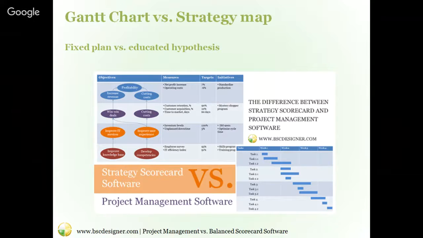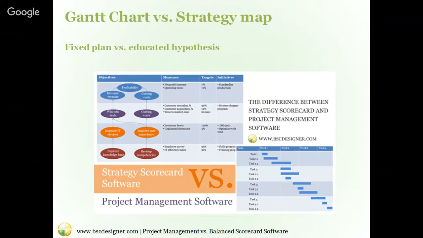Normally, the difference is because project management software normally deals with fixed plans, so we have a clear idea about how to get from point A to point B. And the strategy execution software, the balanced scorecard software, deals with hypotheses about where we should go, about how we should get there, and, if we are going to get there, what obstacles we can face.